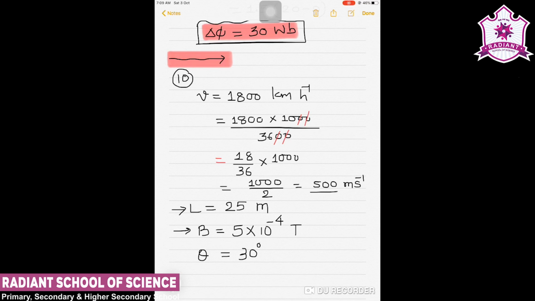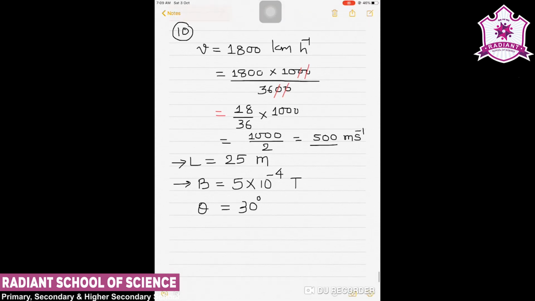So as all the conditions are given here, we have to ultimately find out the voltage difference that will develop between the two ends of the wings.